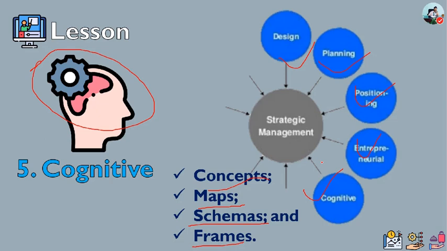In the cognitive part, which is also an important school of thoughts, the concepts, maps, schemas, and frames must be deliberately applied to the strategy of every organization. So all the leaders and managers of the organization or business must have cognitive skills.